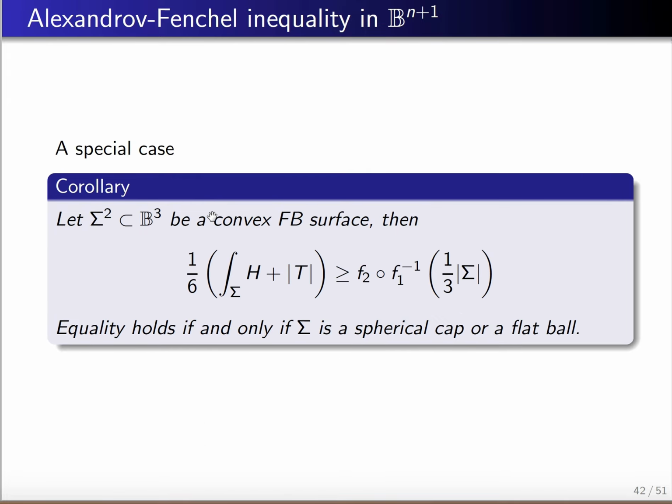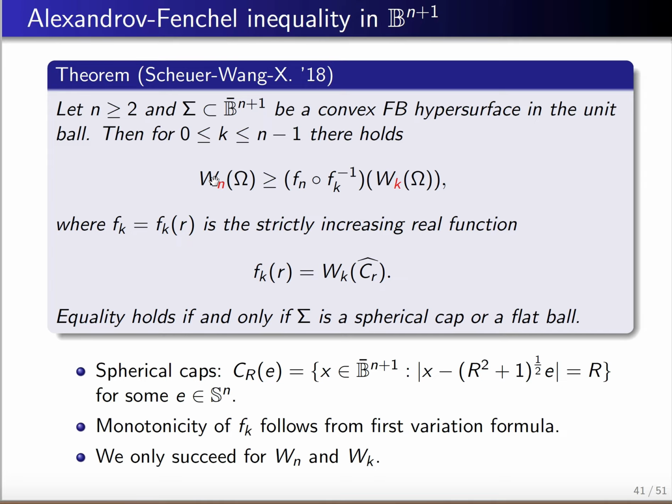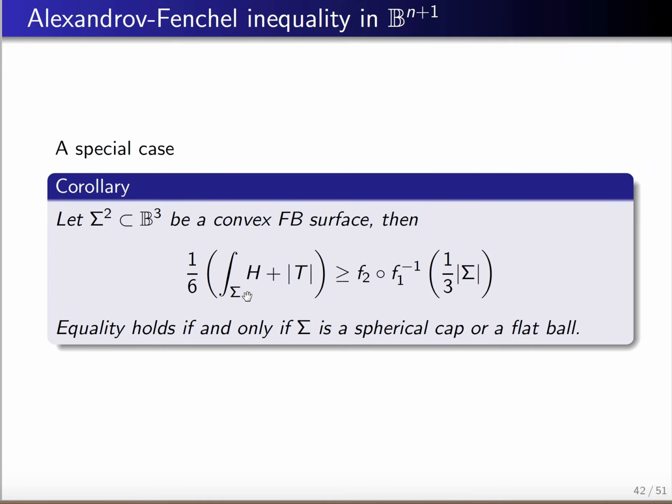The proof, so here is a corollary. If you have a two-dimensional surface in the three-dimensional ball, which is convex and free boundary, then this inequality you can write down as the mean curvature integration plus the length of T, the area of T, can be larger than or equal to some function times the area of sigma.